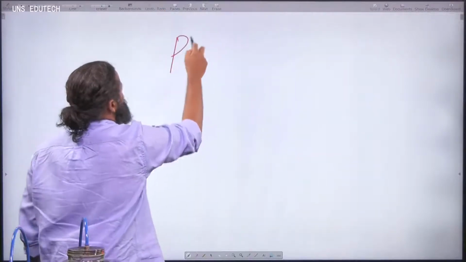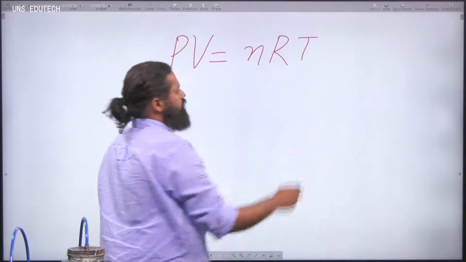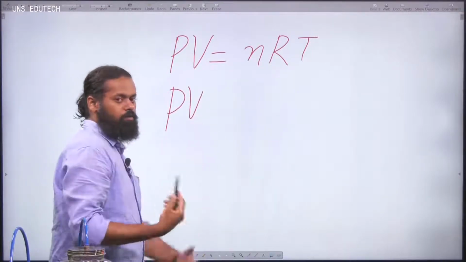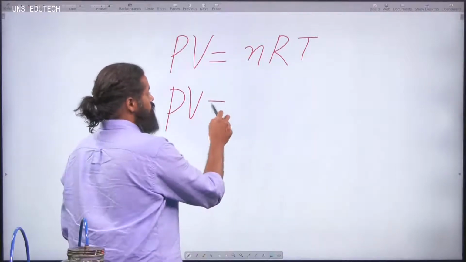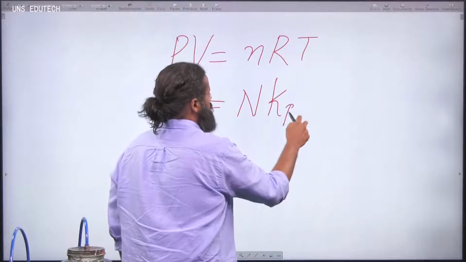PV is equal to nRT. This is our first equation. And the second equation, both are the same. I am trying to show you that there is a relationship between the universal gas constant and the Boltzmann constant. This is capital N and this is KB and T.